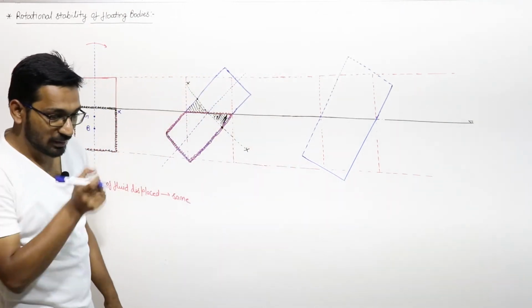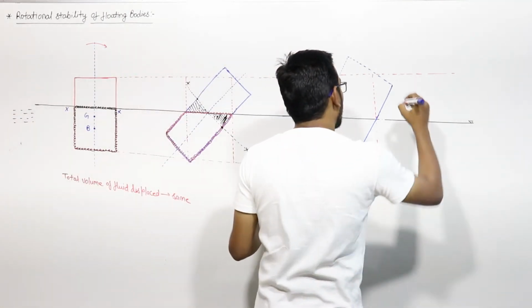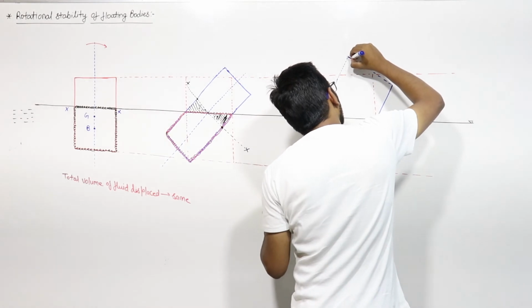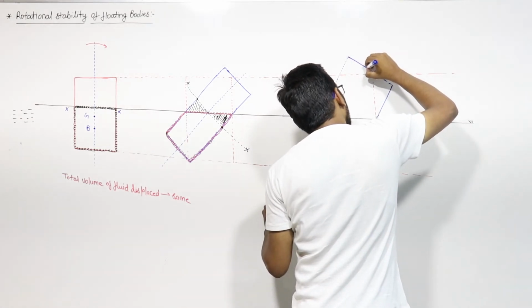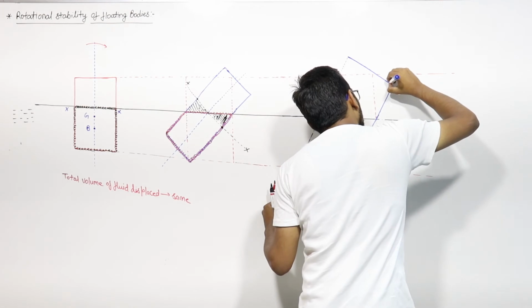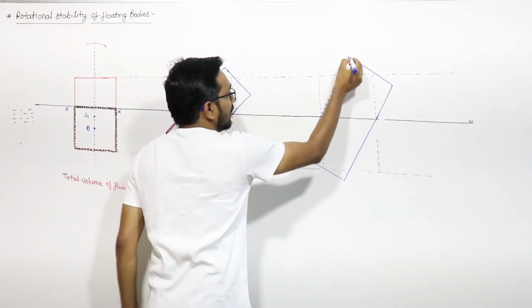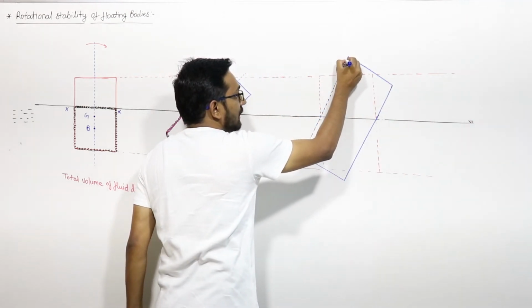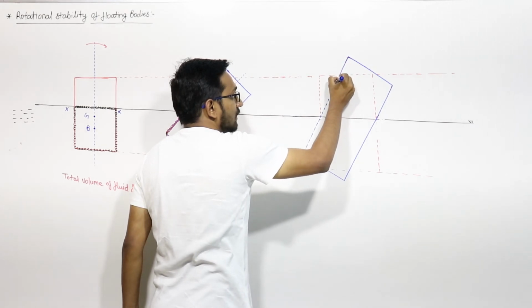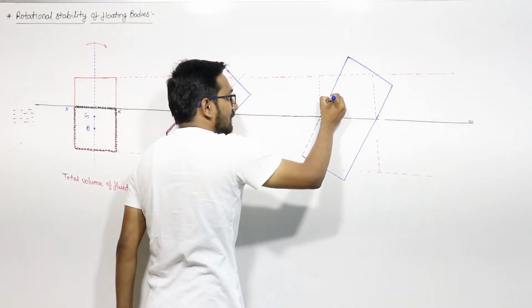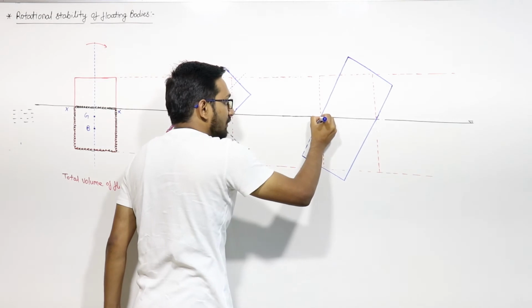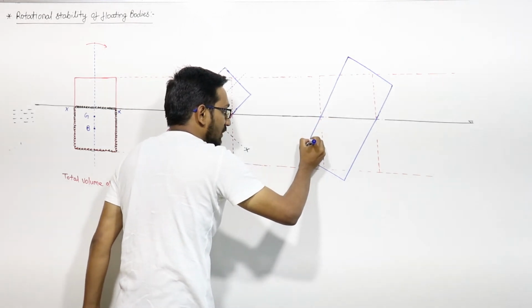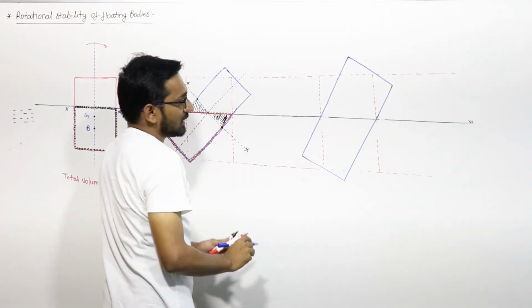Figures are most important. If you make a figure correctly, then you will be able to understand very easily what is happening with the body. That's why it takes a lot of time to make a correct figure. So we are making separate figures for each and every concept, so that you can easily understand.